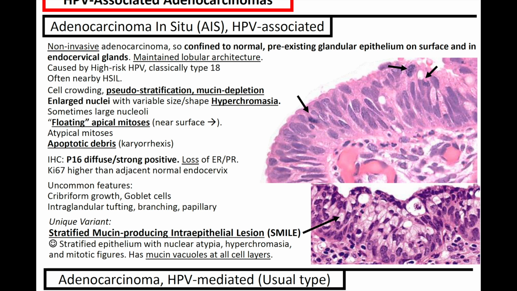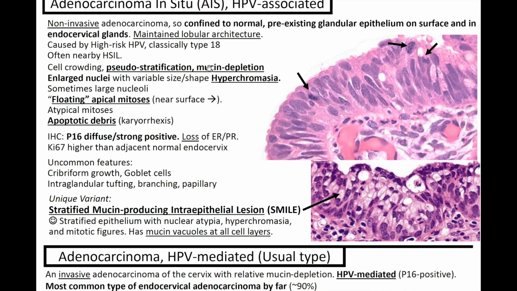Next up, we have HPV-associated adenocarcinomas. So first in this category is adenocarcinoma in situ, or AIS, which is HPV-associated. This is a non-invasive adenocarcinoma, so it's confined to the normal pre-existing glandular epithelium on the surface and in endocervical glands. It maintains lobular architecture, and it's caused by high-risk HPV, classically type 18, although also type 16.